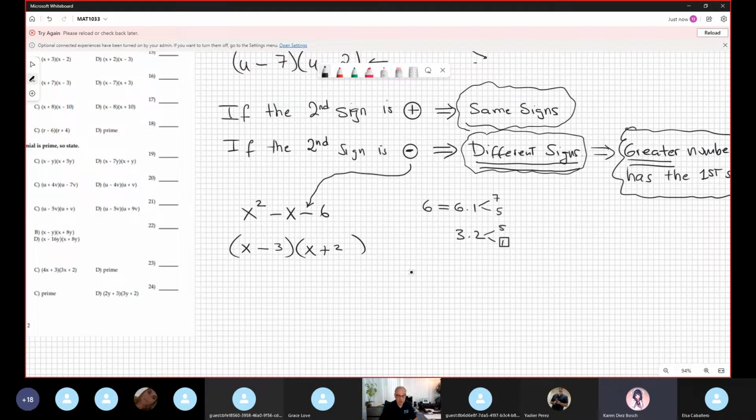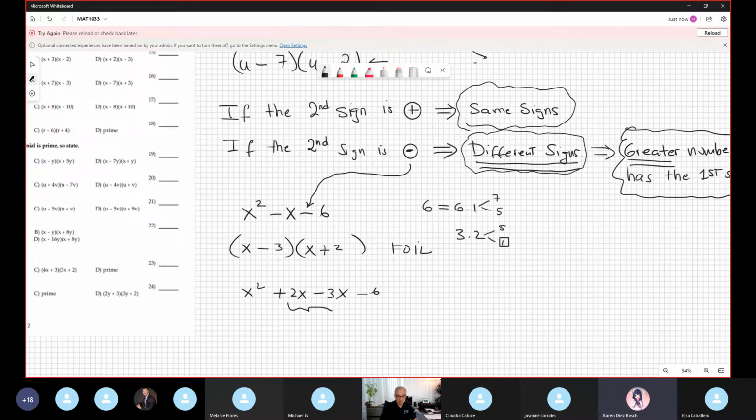And to make sure, you FOIL. This is just checking. x times x, x squared. x times 2, 2x. Minus 3 times x, minus 3x. Minus 3 times positive 2 is minus 6.